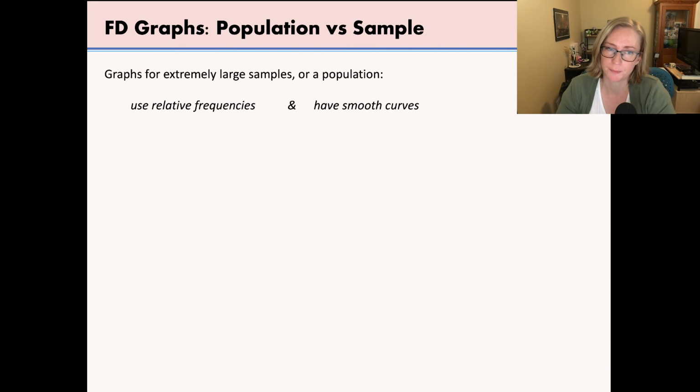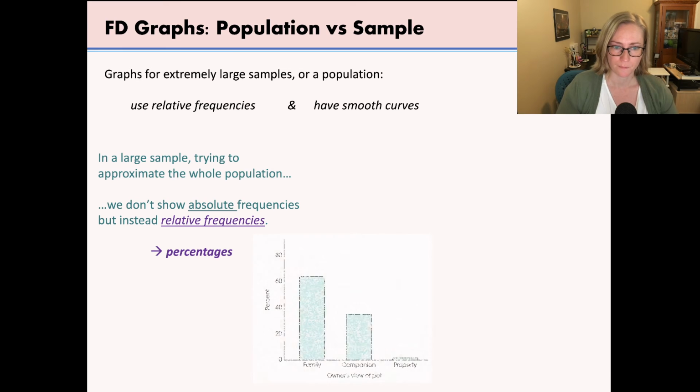Population versus sample, right? So if you end up having an extremely large sample or an actual population, all of the individuals in that population that you're studying, we don't use absolute frequencies. We switch over to relative frequencies. So for example, here we're going to be switching to percentages.